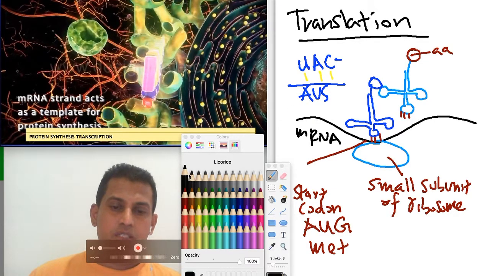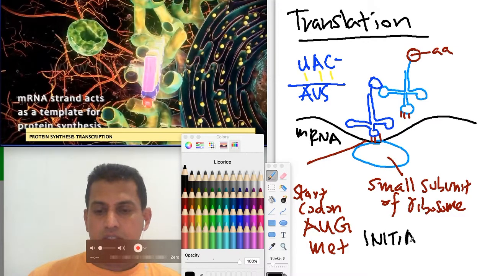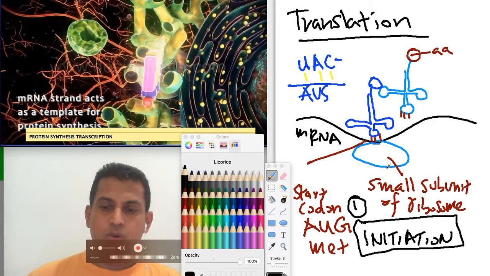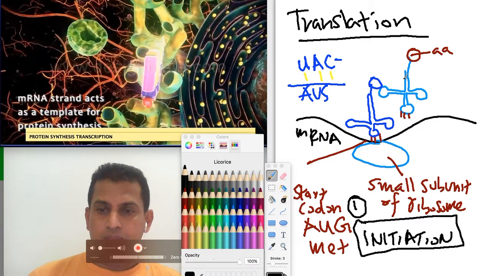The whole process is called initiation. That's the number one process, first stage. First stage is initiation. The small subunit of the ribosome binds to the start codon region. At the same time, the tRNA molecule comes and binds to the start codon AUG.